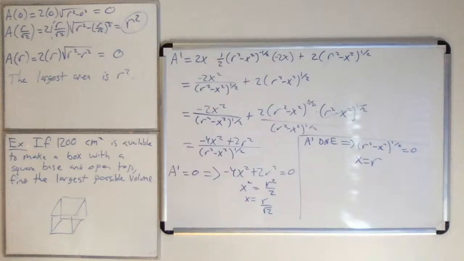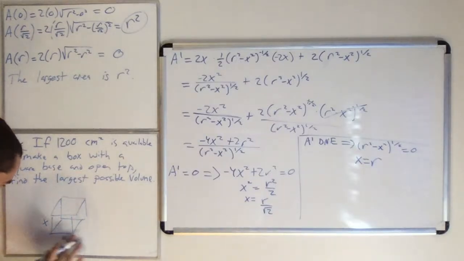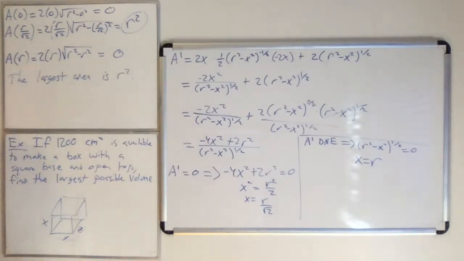It's not very good, but the idea is we have a box with length X, Y, and Z. And the top here, it's like an optical illusion.